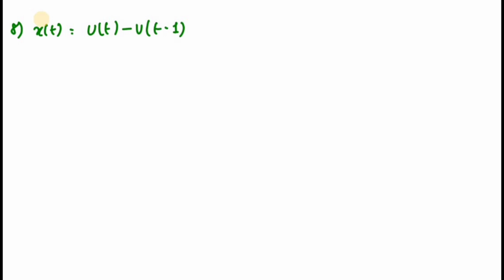So here you can see if I find the power value, it is 1 by 2 for this one minus 1 by 2 for this one, right? So we'll get the power equal to 0.